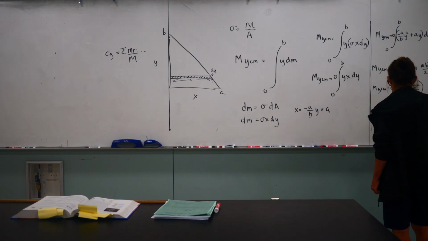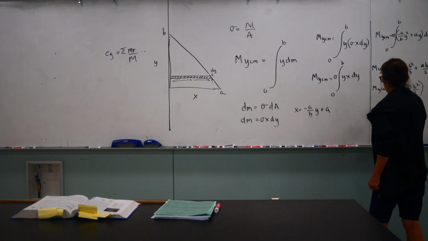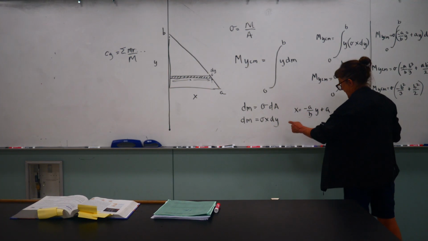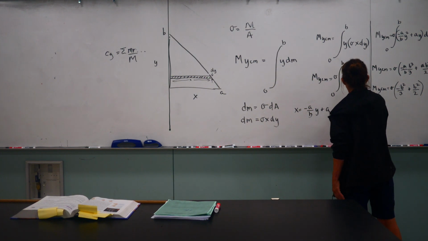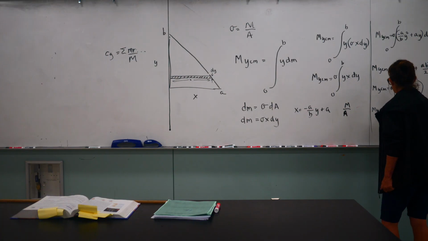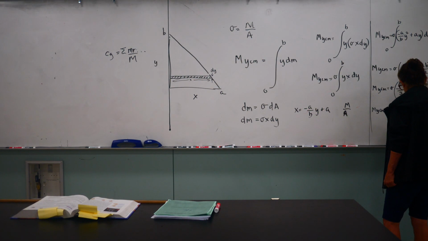All right, so we have that. Now we have M y center of mass equals sigma, which is once again mass over area. We have M over one half b times a, times negative b squared over 3 plus b squared over 2.